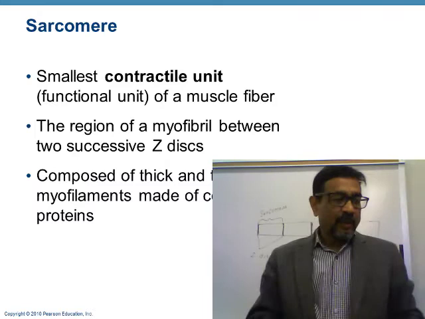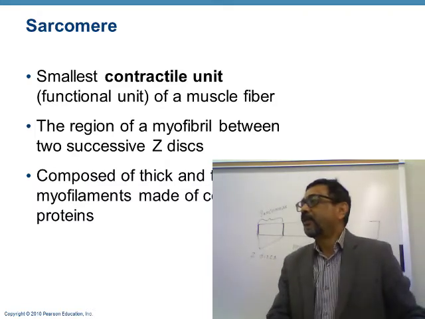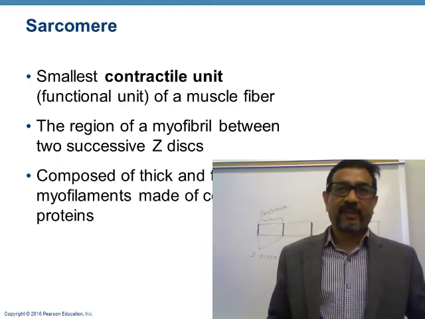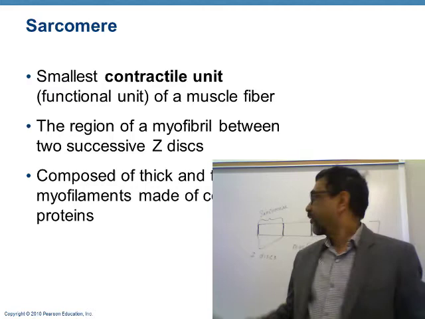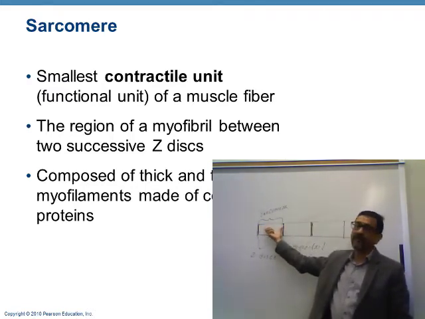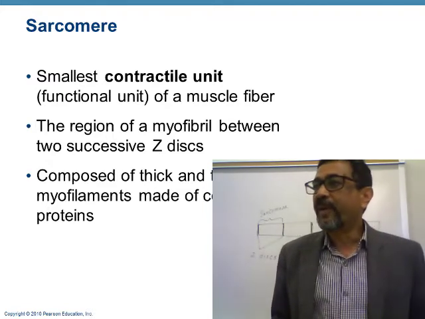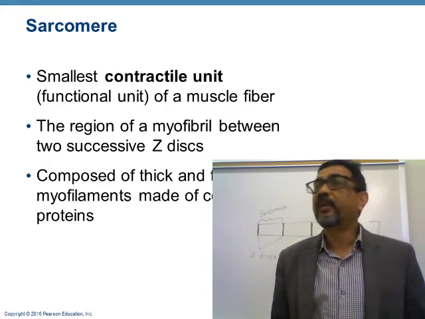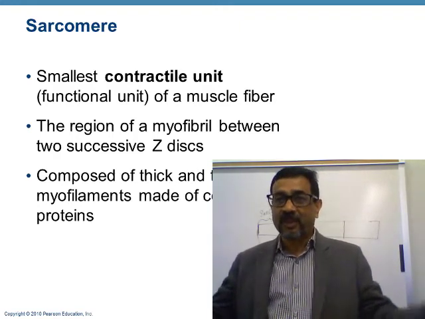Now, the sarcomere is called the functional unit of muscle. Again, I am repeating, the sarcomere is called the functional unit of muscle. That means the sarcomere is the unit of contraction, because we know the function of a muscle is contraction.